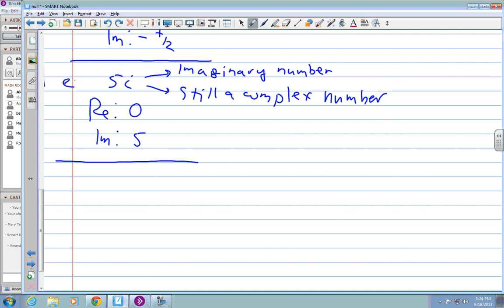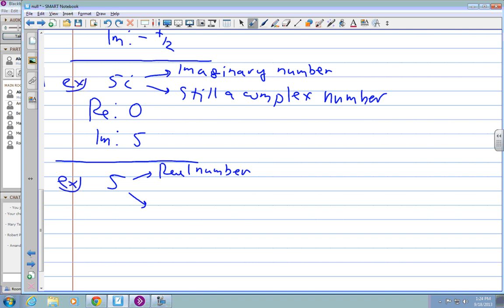So that's another example. How about just 5? Is 5 a complex number? Sure. It doesn't have an imaginary part. The imaginary part is 0. So it is a real number, but I can also think of this as a complex number with imaginary part 0.